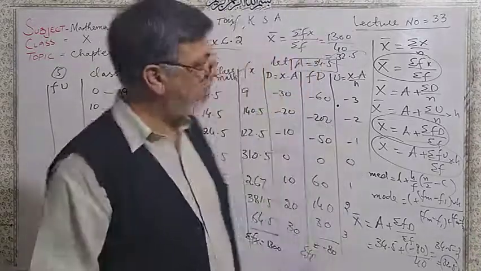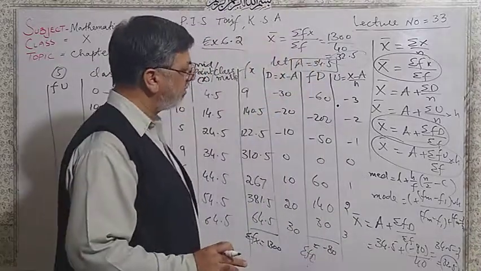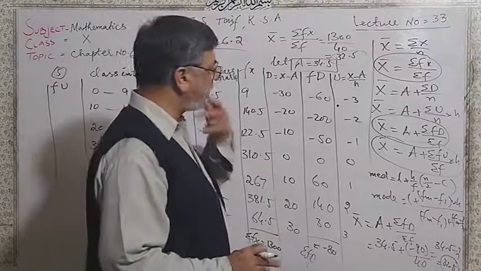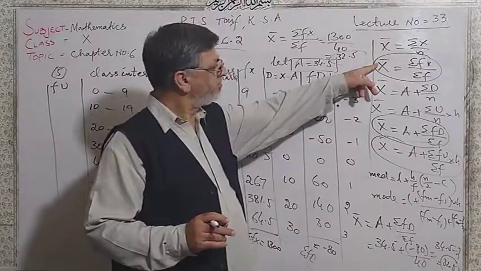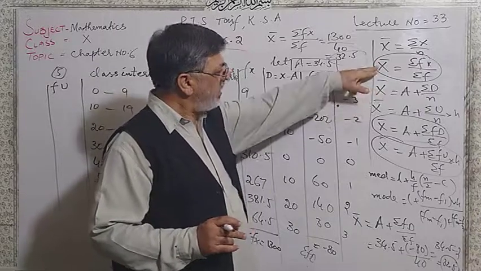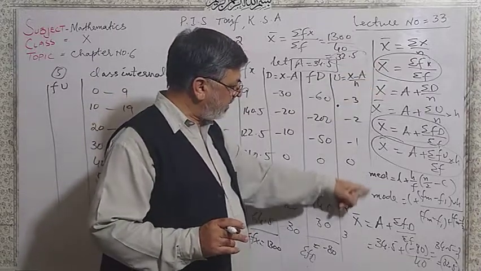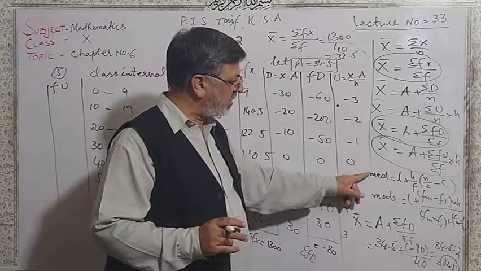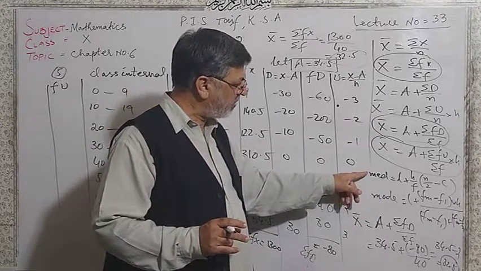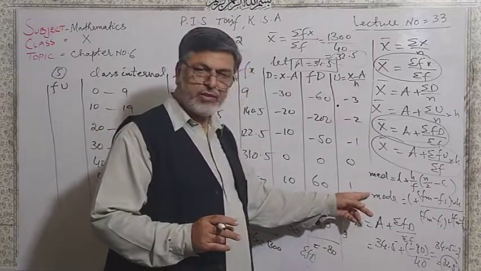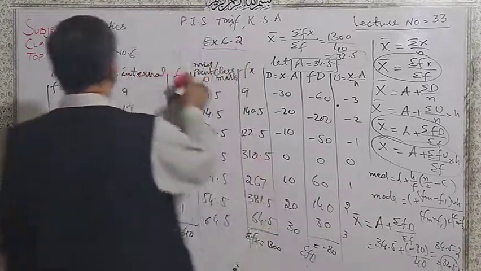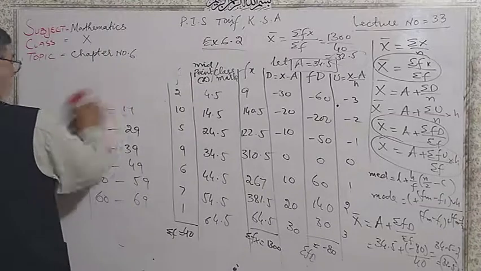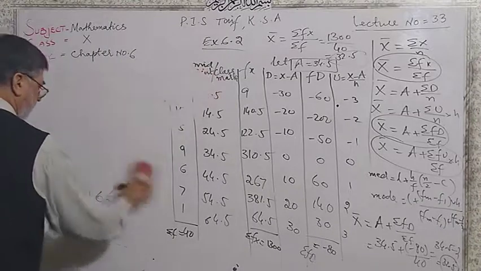In case of grouped data, we have to apply the grouped data formulas. You can apply this formula for mean, this median formula for grouped data, and then to find mode, you will apply this formula. So we can start our question number 9 now.